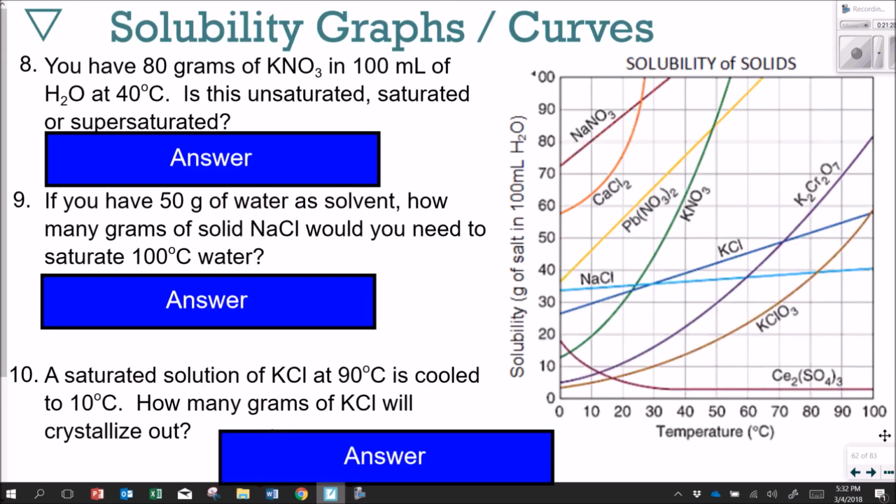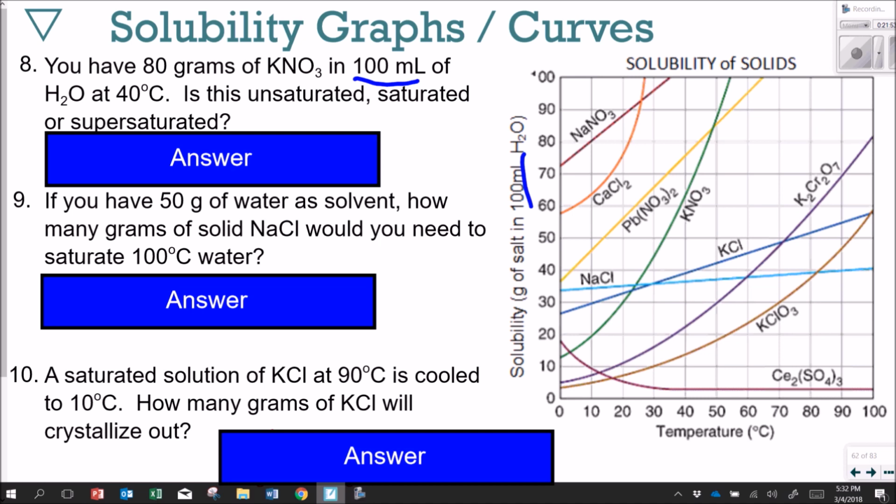3 more. If you have 80 grams of potassium nitrate in 100 milliliters of water at 40 degrees Celsius, is this unsaturated, saturated, or supersaturated? So I have to plot the point, and I check that I have 100 milliliters of water to match my graph. So then I can read straight from my graph.